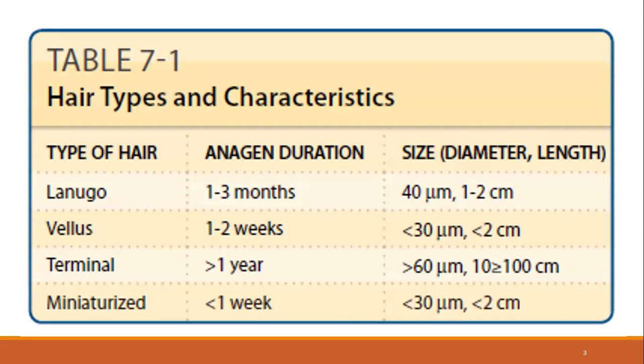The terminal hairs, which are the usual hairs, have a long anagen period of more than a year, and they can grow up to 100 centimeters. Miniaturized hairs are again like the vellus hair, with an anagen duration of less than 1 week and a size of less than 2 centimeters.